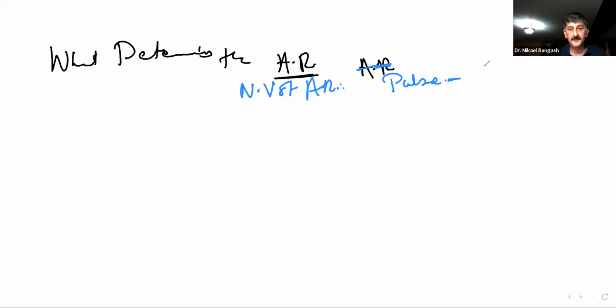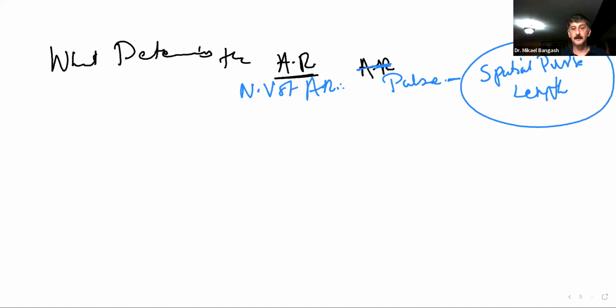And what did we call the physical length of the pulse? We call that the spatial pulse length. So it's actually your spatial pulse length that will determine the numerical value of your axial resolution.